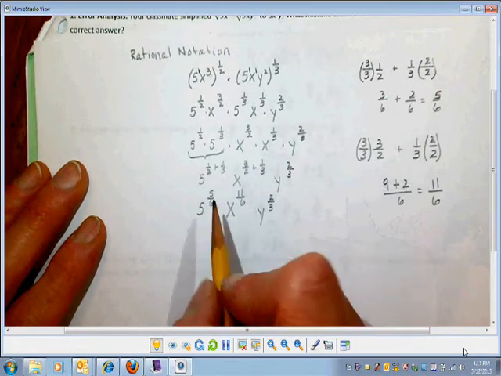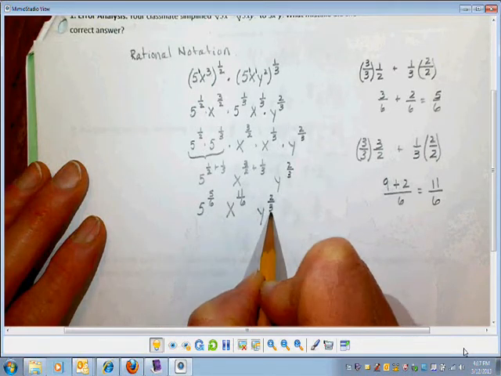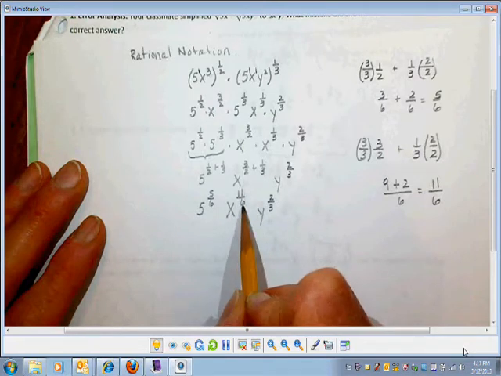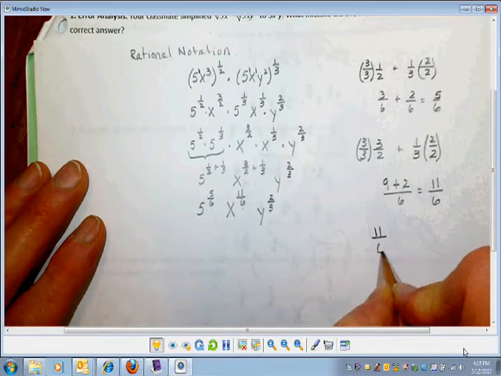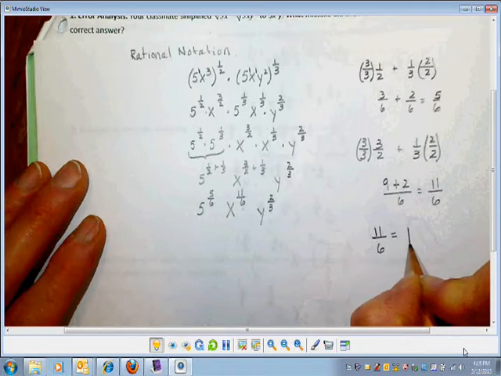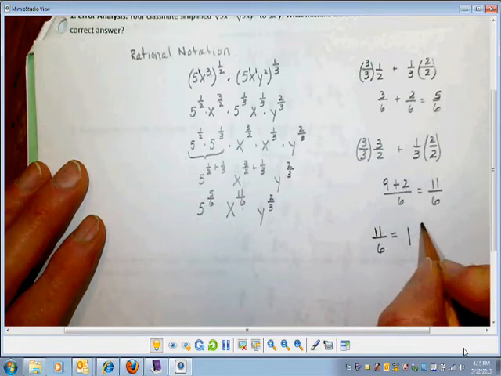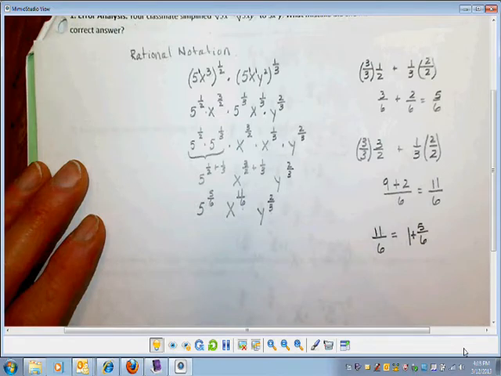Now, upon close examination, 5/6 is less than 1. 2/3 is less than 1. But 11/6 is not less than 1. It's greater than 1. So I can make this into a mixed number. So 11/6 is the same as, well, 6 goes into 11 one time, and then 11 minus 6 gives me 5, so that gives me 5/6. So my mixed number is 1 and 5/6, so I'm intentionally going to put that plus in the center.